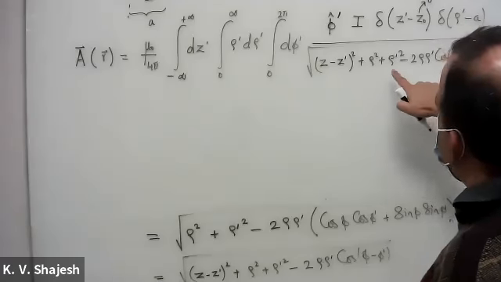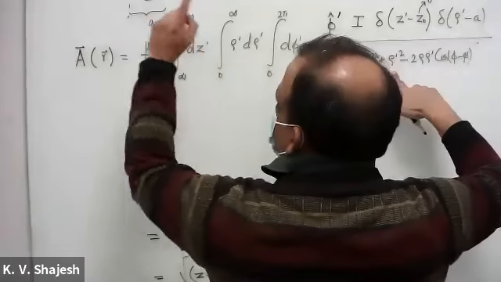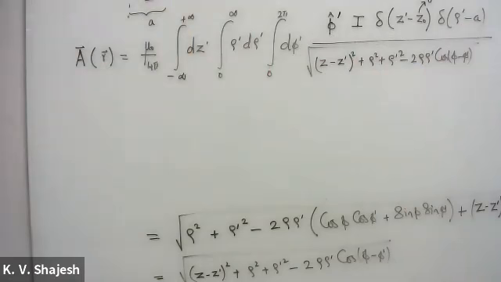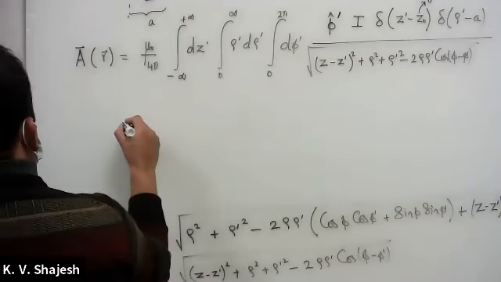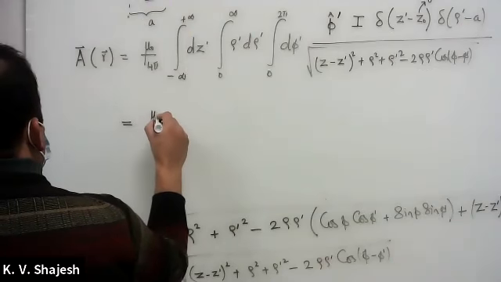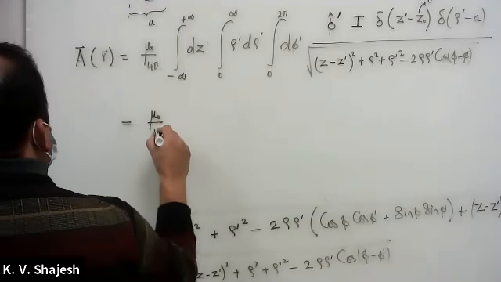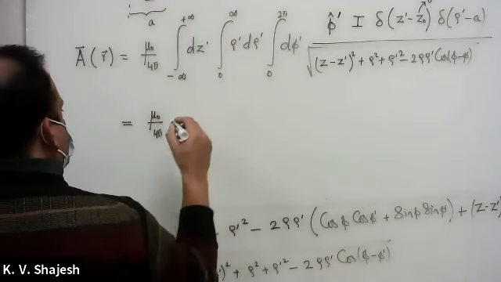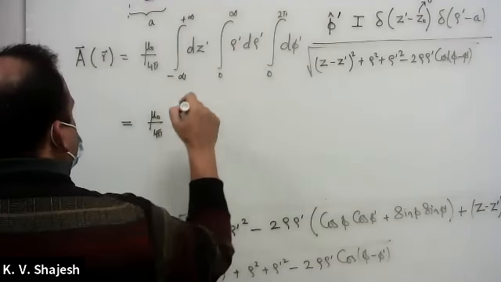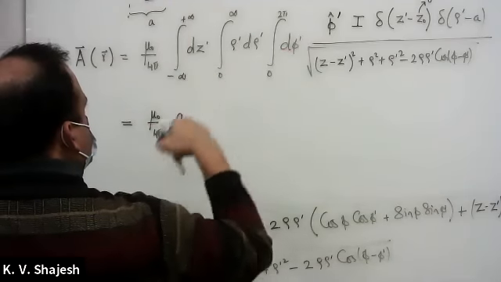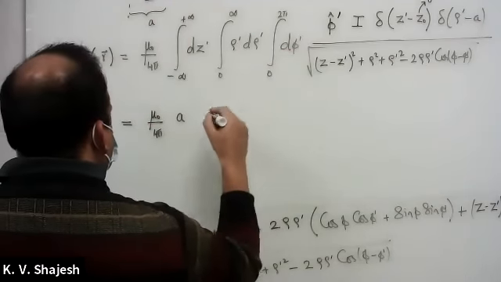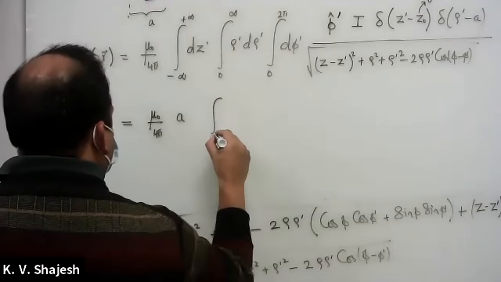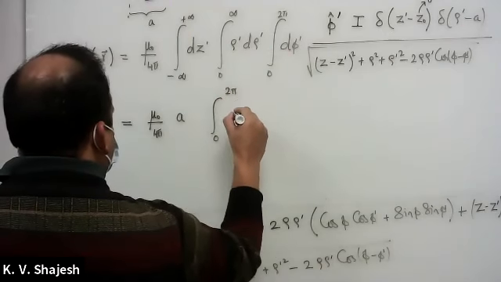All the rho primes with a, that means to say that the current is all at a rho equal to a value. So this becomes mu naught over 4 pi. The z integral is getting done. I have to replace rho prime with a, so this takes a value a there, and this integral is done. I still have my phi prime integral, so that's 0 to 2 pi d phi prime.